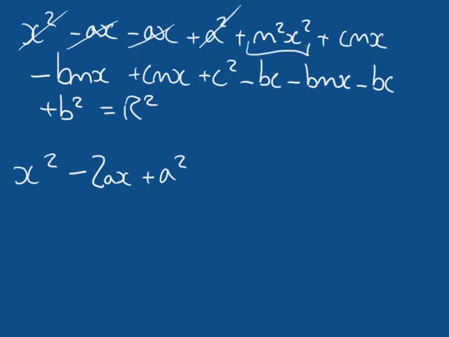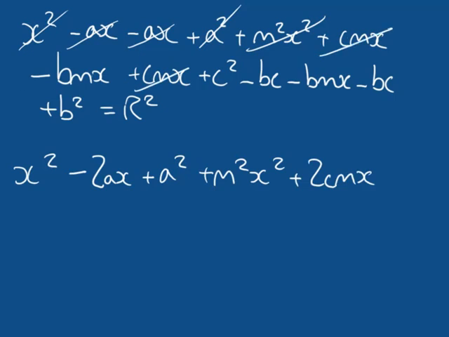M squared x squared is the only instance of m squared x squared, so plus m squared x squared. We have cmx, we actually have another cmx, they're the only two cmx's, so plus 2cmx, get rid of those. We have minus bmx, we actually have another minus bmx here, they're the only two bmx's, so that's going to be minus 2bmx.